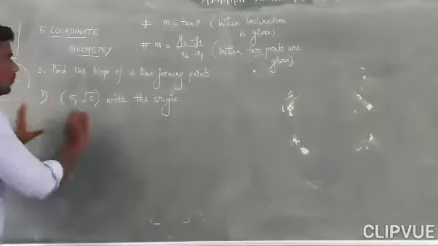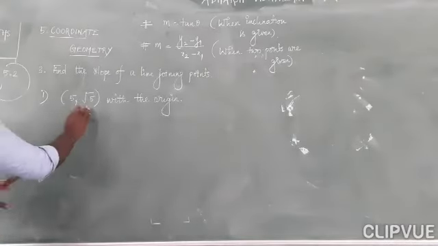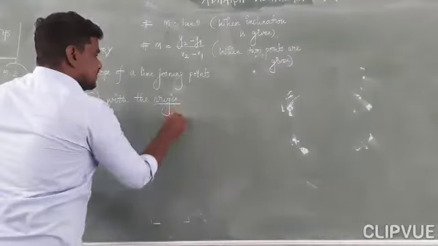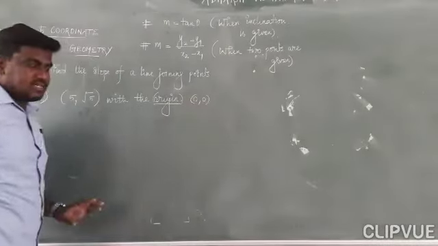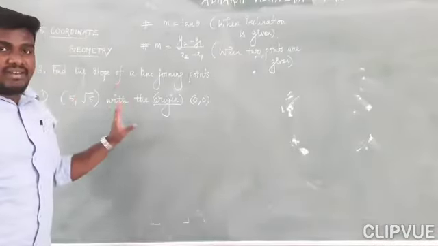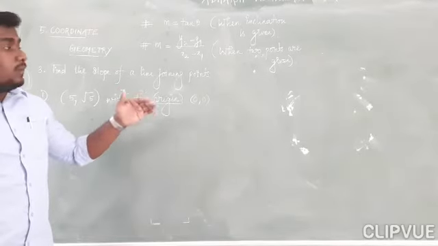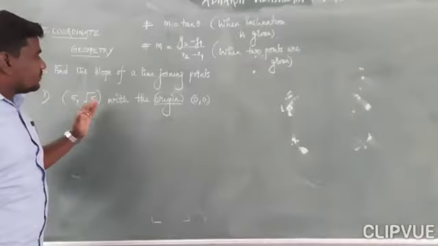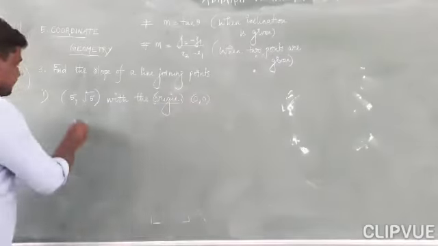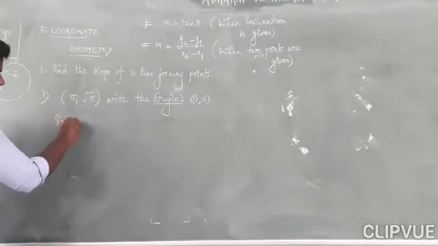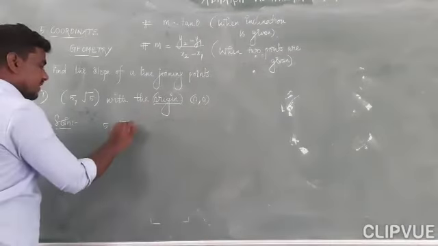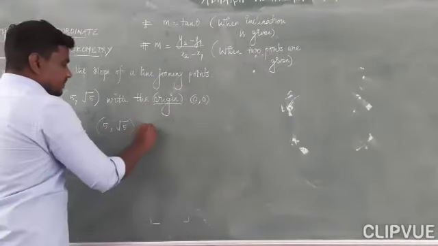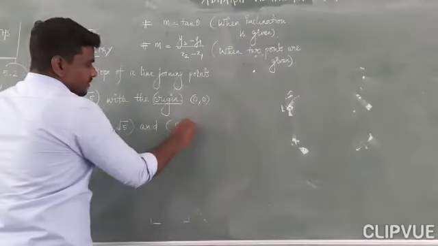See here, two points are given, 5, root 5 and the origin. What is the origin? That is 0, 0. You know that. The line passes through the points 5 comma root 5 and 0 comma 0. Solution: 5 comma root 5 and 0 comma 0.